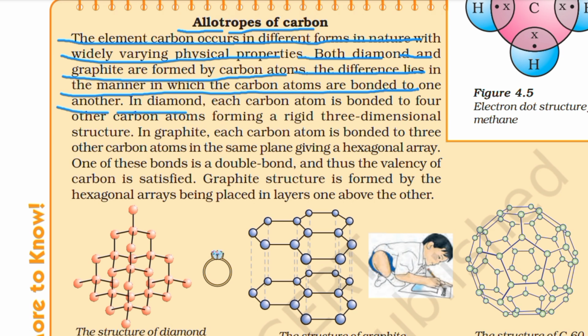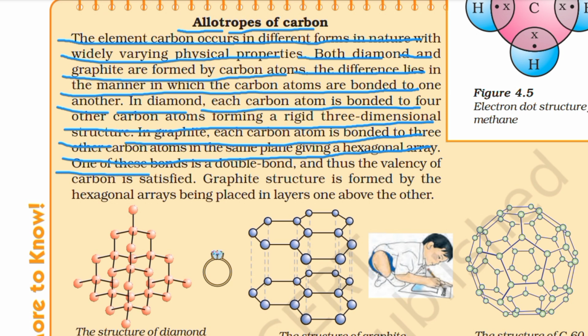In diamond, each carbon atom is bonded to four other carbon atoms, forming a rigid three-dimensional structure. In graphite, each carbon atom is bonded to three other carbon atoms in the same plane, giving a hexagonal array.